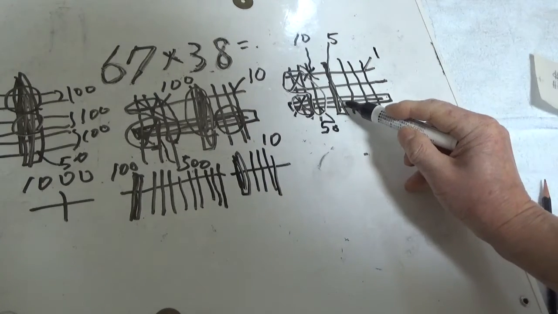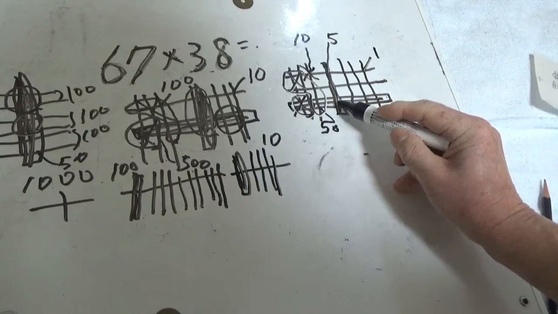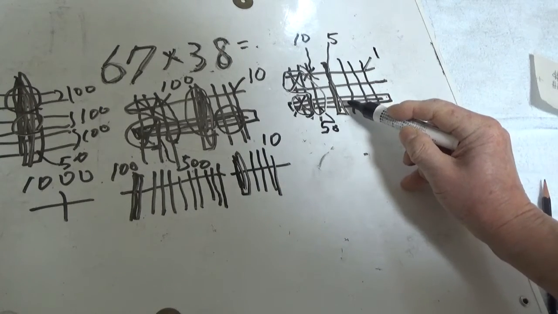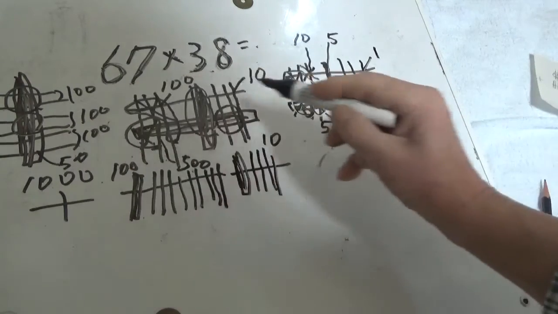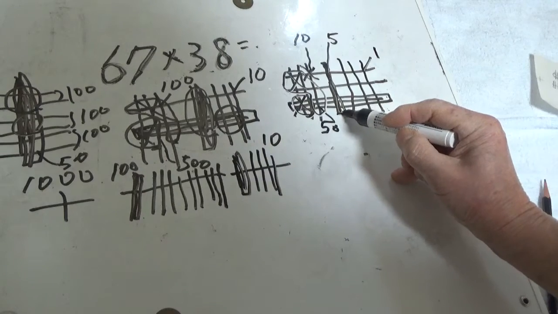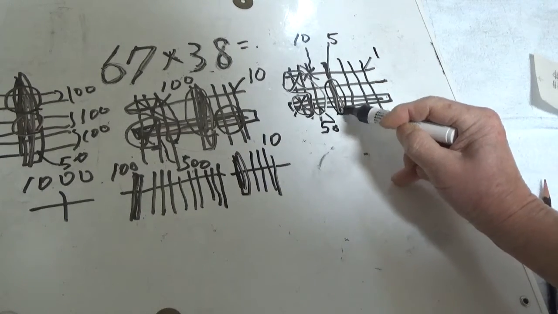And this is 5 lines crossing with 6 lines. So it is the same with the previous one. So it is 30.